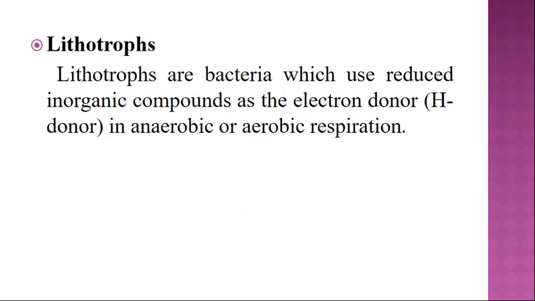And the last nutritional category is lithotroph. The lithotrophs use reduced inorganic compounds as an electron donor in anaerobic or aerobic respiration. They use reduced inorganic compounds as an electron donor. So this is the last nutritional category of the microorganisms.